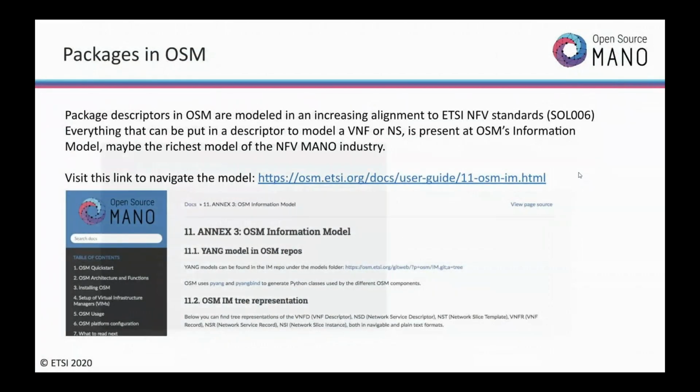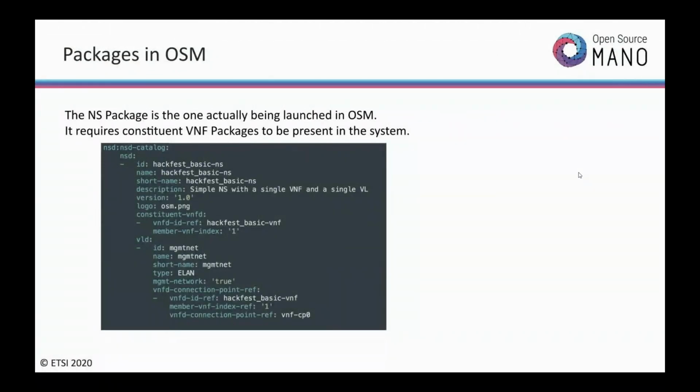At the end, we have the network service package, which, as I said before, is the one actually being launched as an instance in OSM. So the instance is the network service. And when you launch a network service, you're launching a set of VNFs or a single VNF, it depends on what you want to achieve.